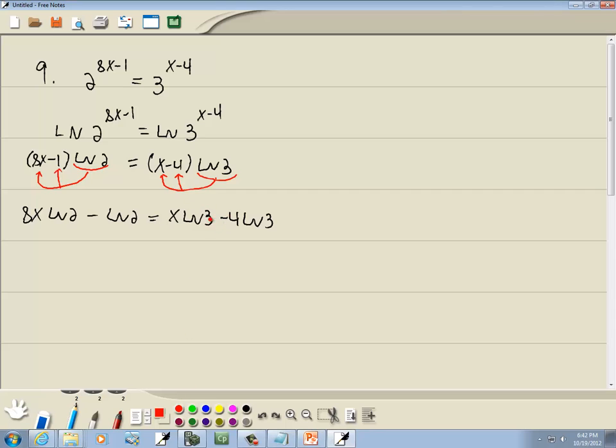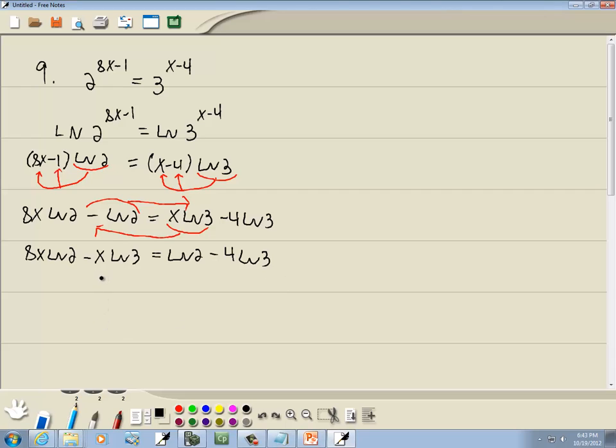That means take the x natural log of 3 to the left side. Get all the numbers on the right side. This is just a number, so we'll take the negative natural log of 2 to the right side. So we got 8x natural log of 2 minus x natural log of 3 equals, and a negative natural log of 2 becomes a positive natural log of 2, minus 4 natural log of 3.